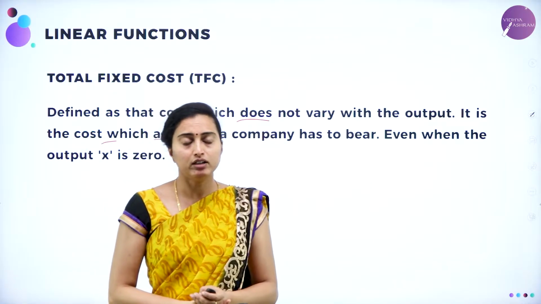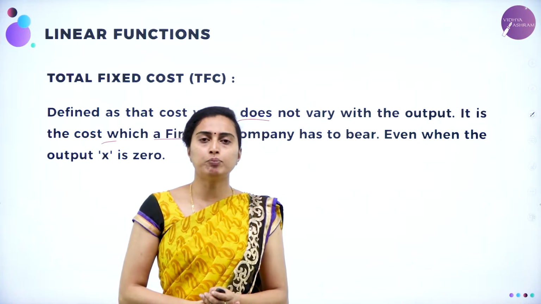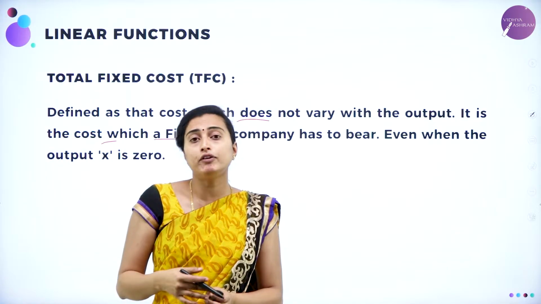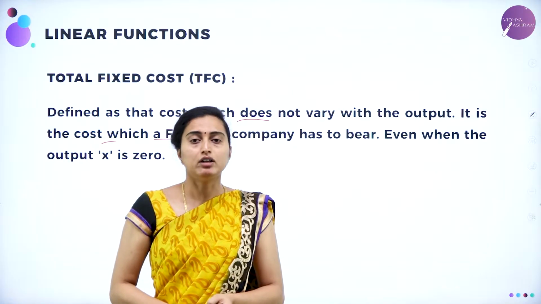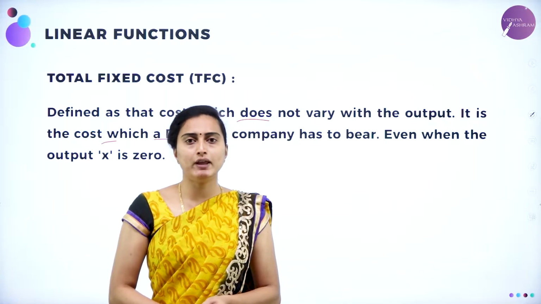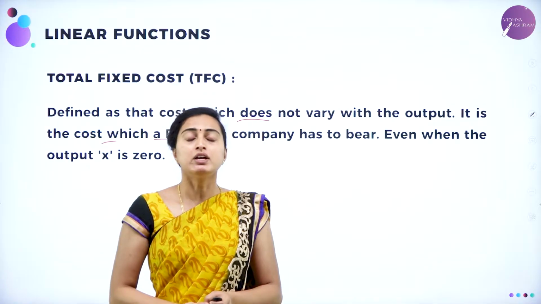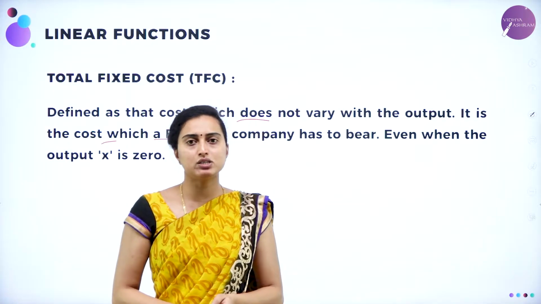For example, if you are paying a rent, you cannot make it depend on the output of a company, on a profit or a loss. If it is a profit, you can pay a rent. If it is a loss, you cannot pay a rent. You cannot say like that. Whether it is a profit or a loss for a company, you need to pay a rent. So therefore, even when the output x is 0, you are going to pay a rent. That is going to be known as, what is that?